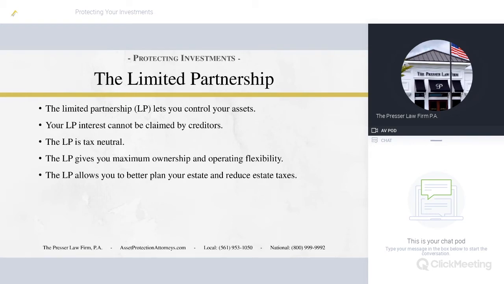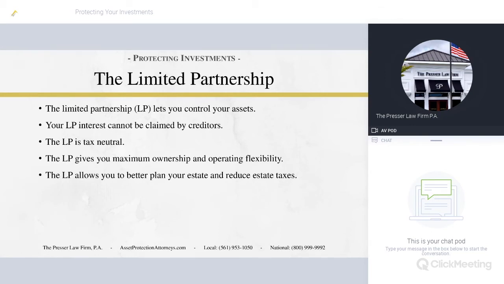Well, in theory, that 10% of my 90% is going to be worth $9,000, but we know that that's not true. The IRS is going to allow a discount. That discount could be anywhere from 10 to 40%, depending on what assets are in the partnership. So when I give a gift, I've now reduced the amount of gift I've given by that discounted value. So if you're using gifting strategies to decrease the size of your estate so that one day you won't have to pay estate taxes, using the limited partnership is a fabulous way to do it.